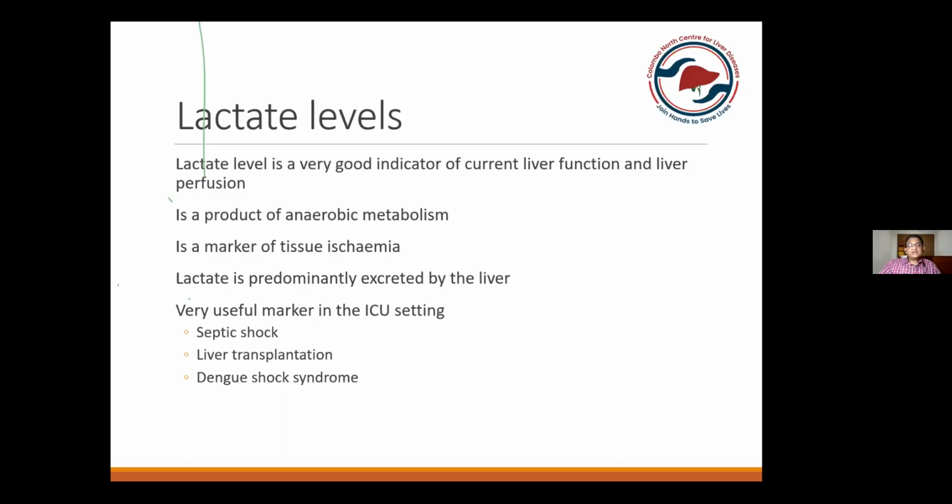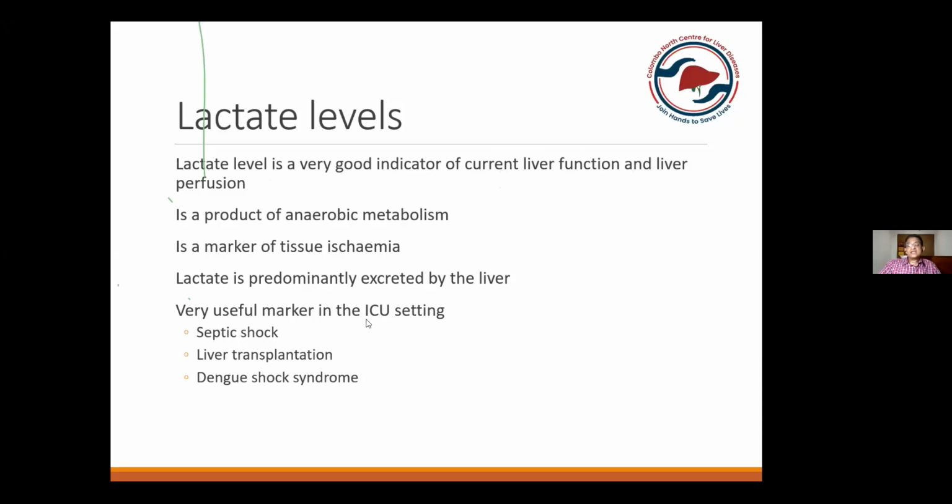And the reason it is a very good marker of liver function is that lactate is predominantly excreted by the liver. If the liver is functioning, your lactate levels will not go up. So if the lactate levels are rising, either the liver is not perfused, like in shock, or the liver is not functioning, like in liver failure.